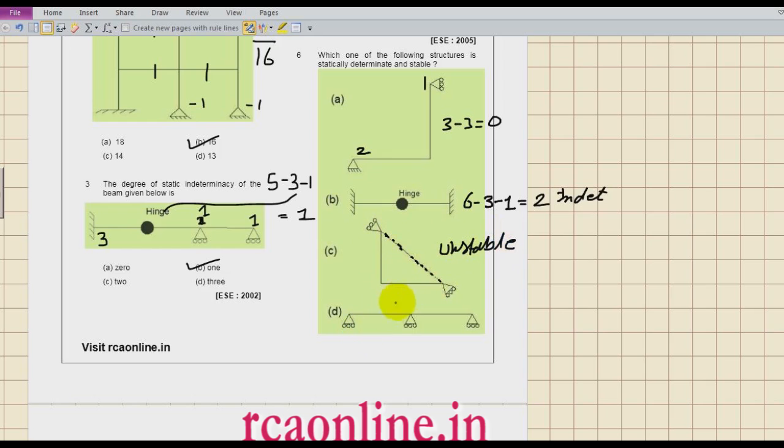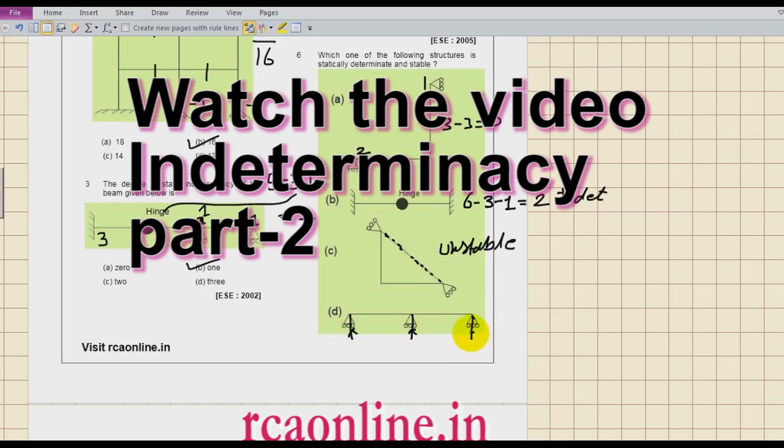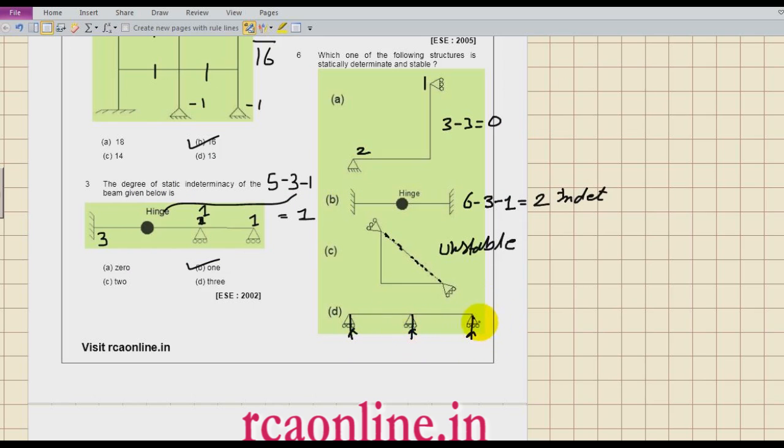Now come to the fourth one. It is also the same. I have discussed in my videos that if all the reactions are parallel to each other for general loading, then that structure is unstable, because it will move on the roller. So what will be the right answer? A. A is the right answer.